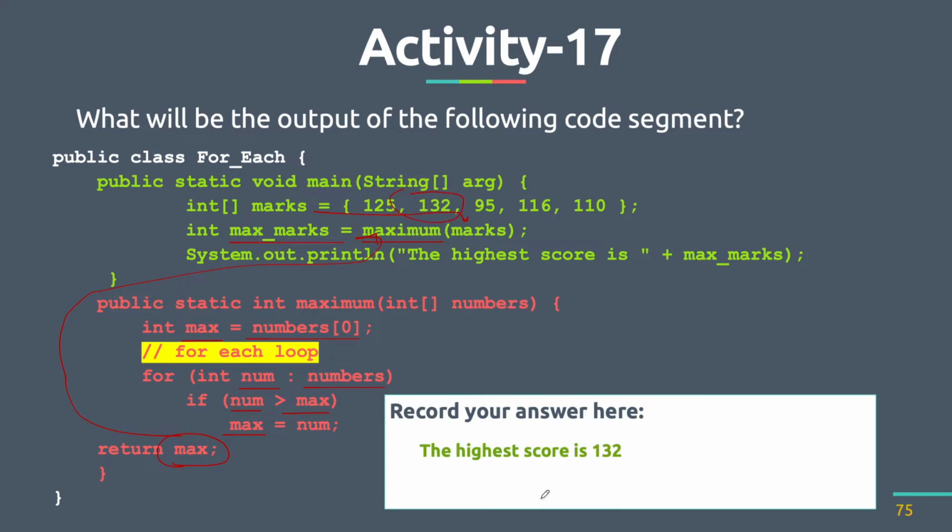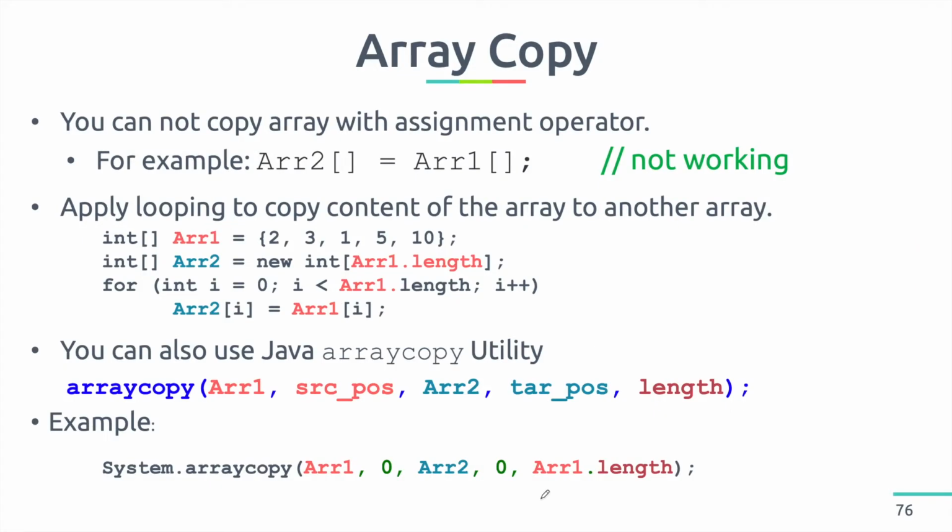So the output should be the highest score is 132. Okay, so we also have an activity 8, but we will discuss it in the next lecture, because activity 8 deals with objects and classes, and we still didn't cover that until now.